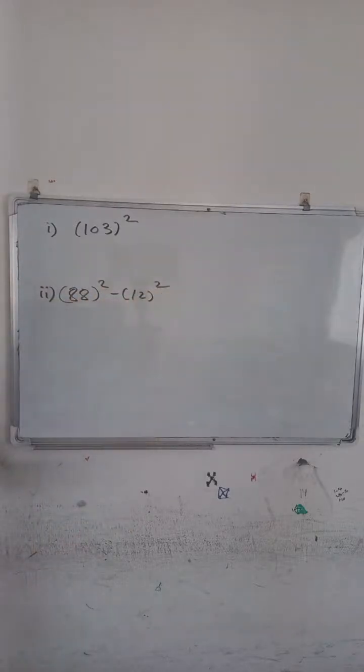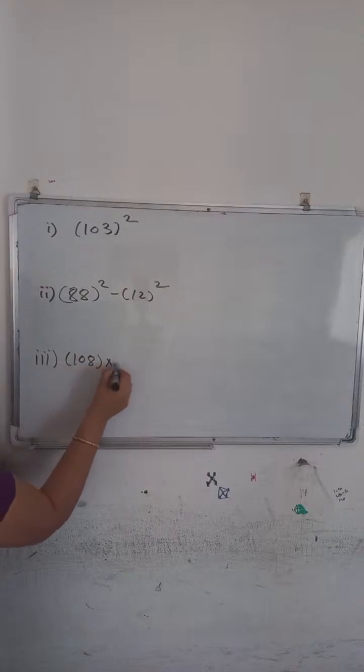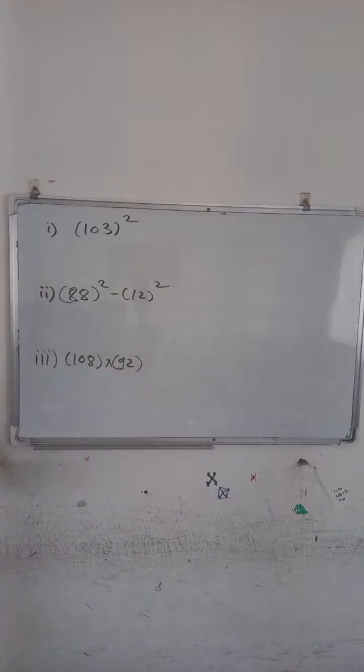And third, they are asking 108 into 92. So here normal multiplication or normal calculations are not required. Here they are expecting us to find the answer by using the identity.